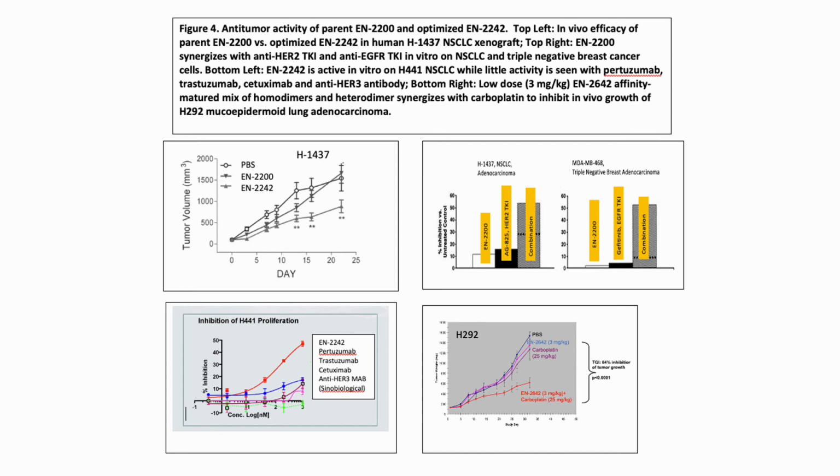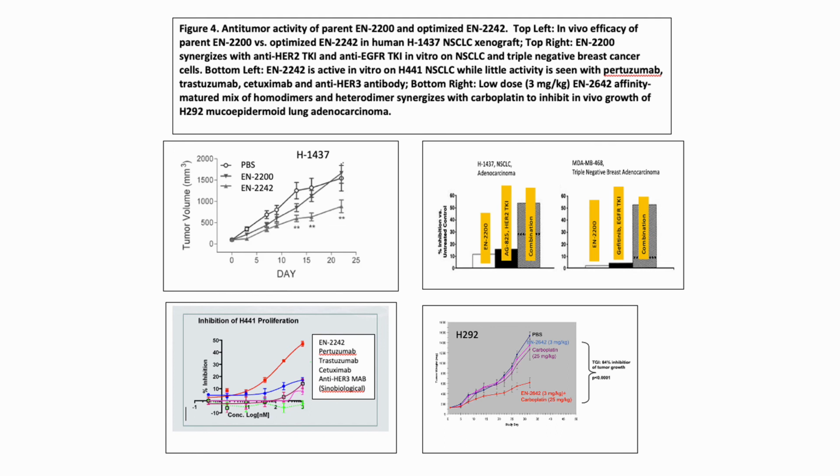On the lower left is an in vitro experiment where we compare the activities of 4 different anti-HER antibodies with the activity of the optimized ligand trap EN2242 for the inhibition of H441 tumor cell proliferation in vitro.